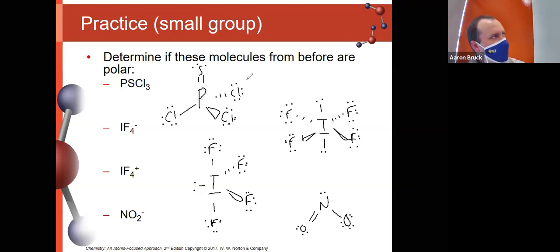So answer the question, are they polar or nonpolar? Which ones are polar, which ones are nonpolar? If you need to model them out, go ahead and do so. Let's talk about it in a couple of minutes.